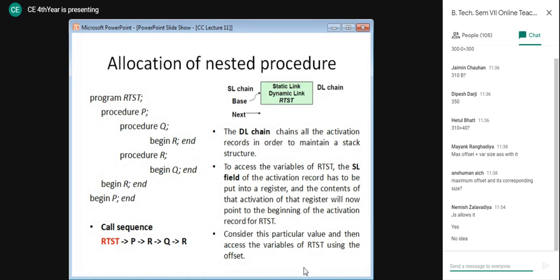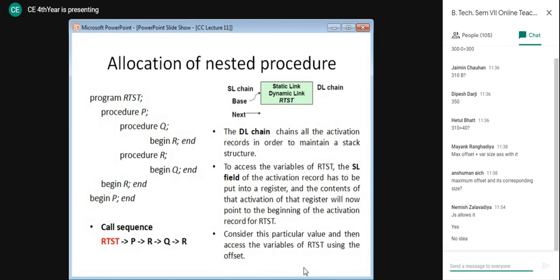Now, to access the variables of main in P or in further procedures also, the static link field of the activation record has to be put in the register. The content of that register will now point to the beginning of the activation record for main. Getting this? So we will be maintaining a static link to the activation record which we want to access in further procedures.